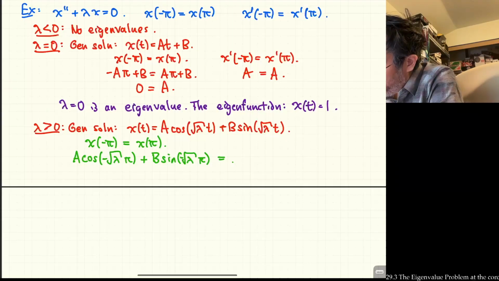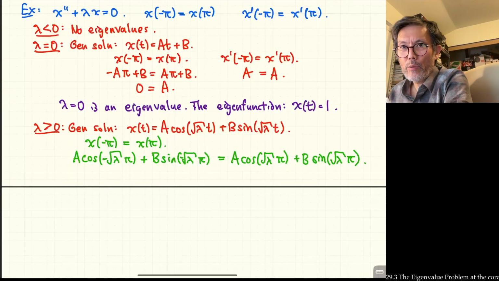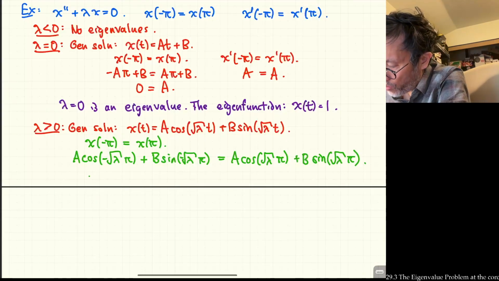That's equal to a cosine of square root of lambda times pi plus b sine of square root of lambda times pi. But the thing that I want you to remember is that cosine is an even function and sine is an odd function. So these negative signs can go away.